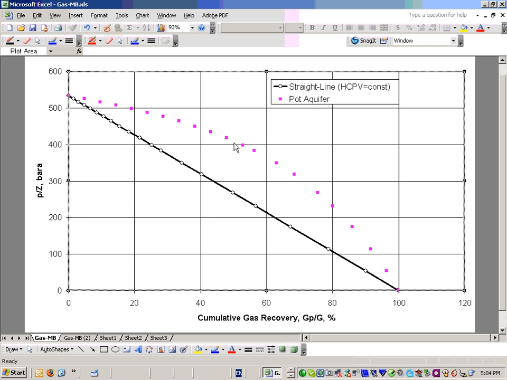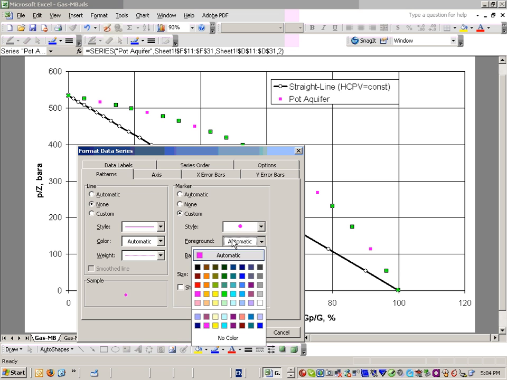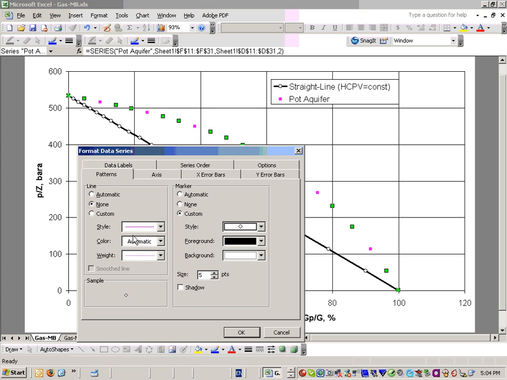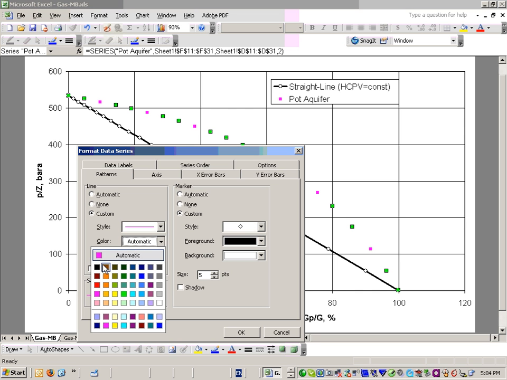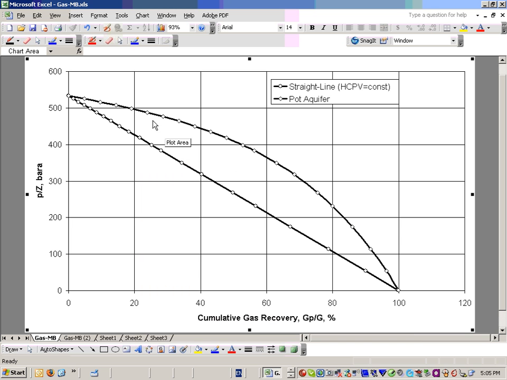And there we get our very nonlinear, very typical pot aquifer type behavior. You have a much slower pressure decline, and it turns around and drops. So you basically have a lot more energy in the reservoir at any given time.